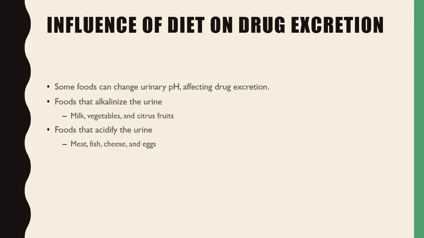When we discuss the influence of diet on drug excretion, we also have to think about how some foods can change the urinary pH, affecting drug excretion. So again, the half-life of drugs can be changed or altered by the urine pH, okay?